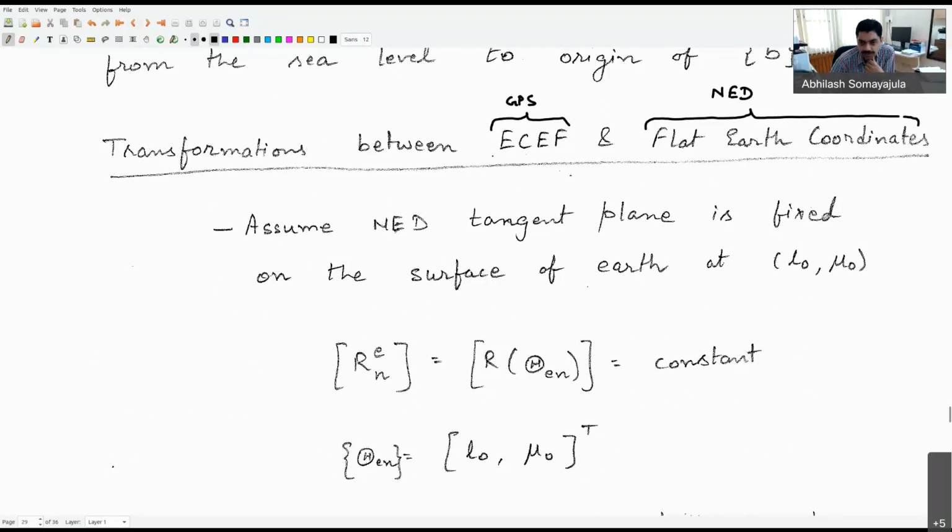So I want to move from the Earth-centered, Earth-fixed frame to the NED frame. And we understand here that the rotation matrix from N to E is going to depend on the latitude and the longitude values.